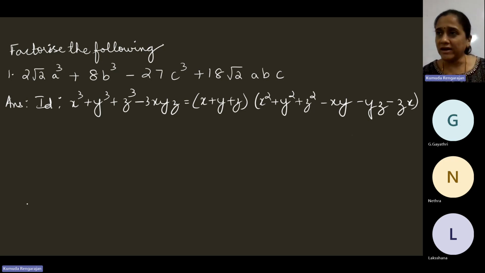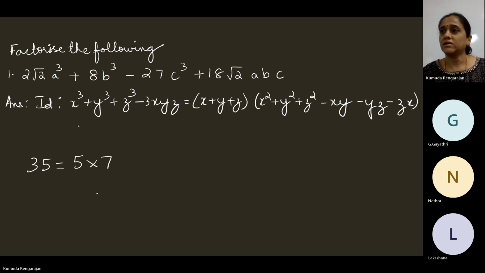Whenever the heading is factorize, we need to write the given expression as a product of its factors. For example, factorize 35: you need to write 35 as a product of its prime factors, 5 into 7. Factorize means the answer will be a product of the factors of the given expression.